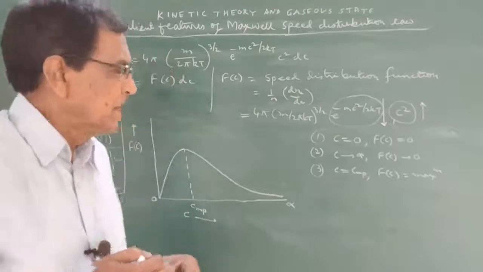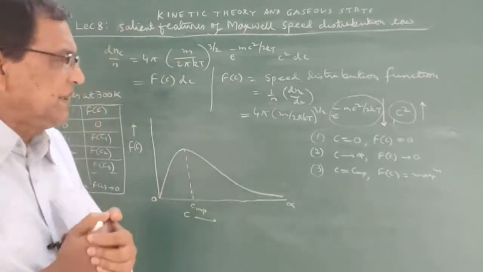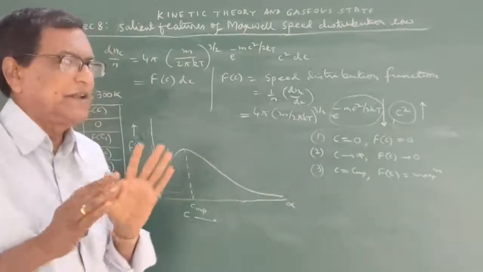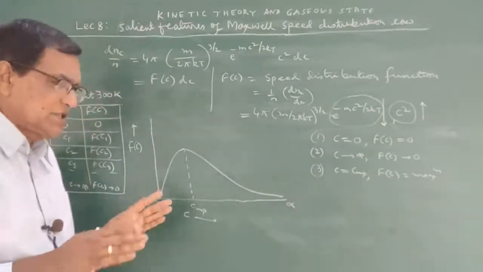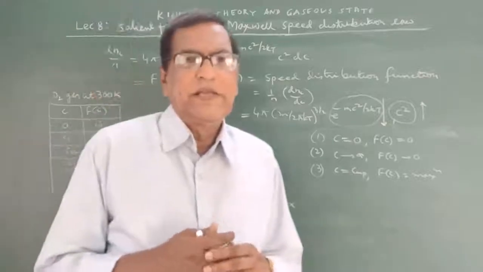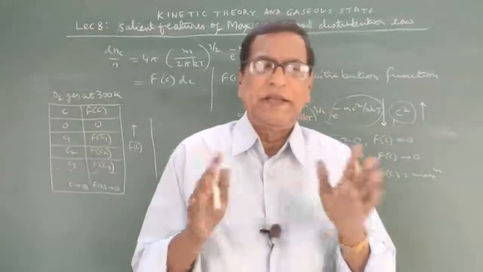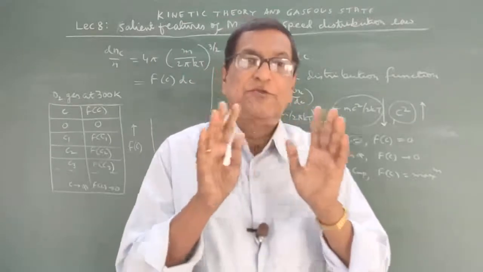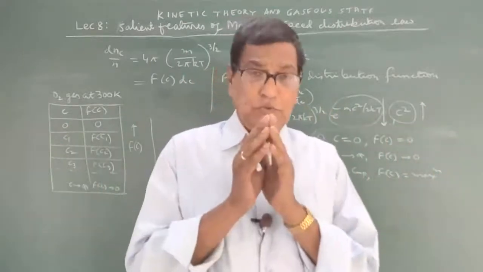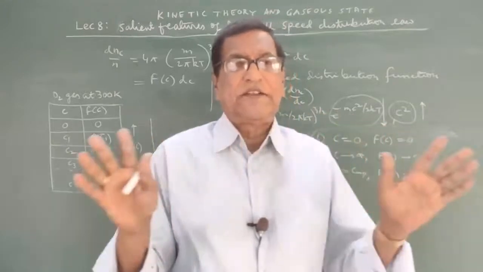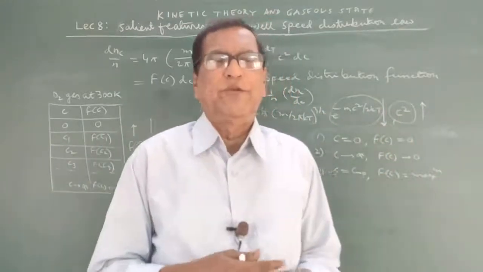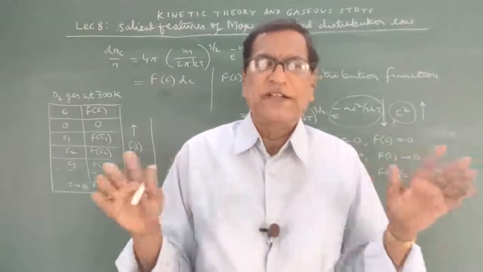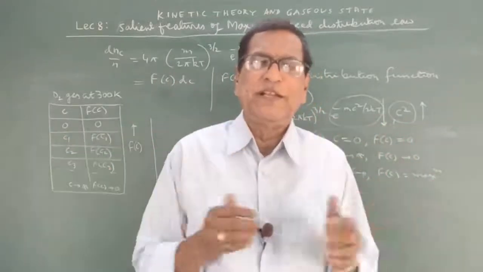So if we illustrate these three pieces of information, you can find there is no molecule at a given temperature for a gas having zero speed. It means no molecule is at rest. All the molecules are moving with a variety of speeds in all directions with equal probability.